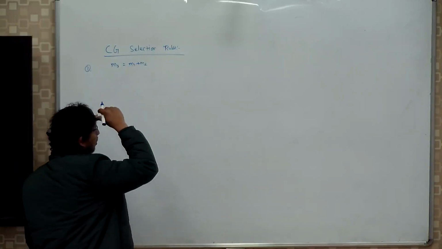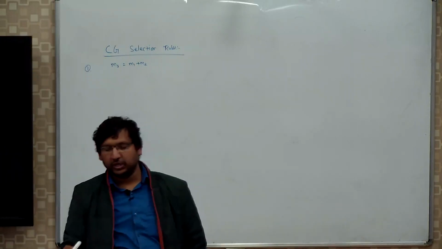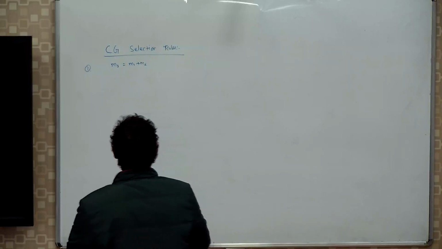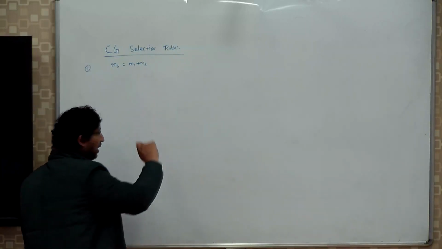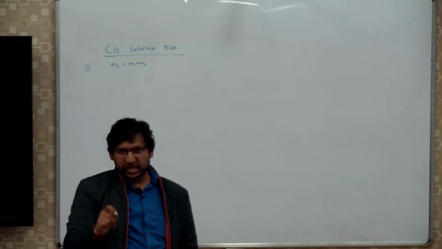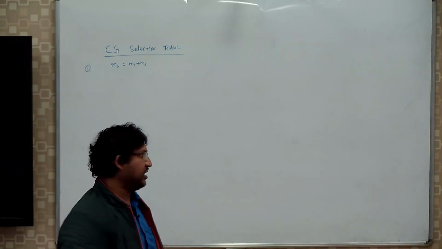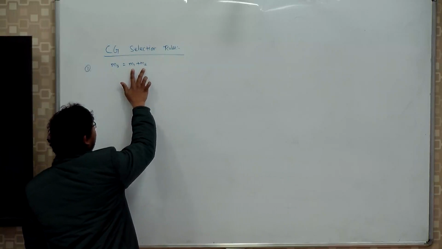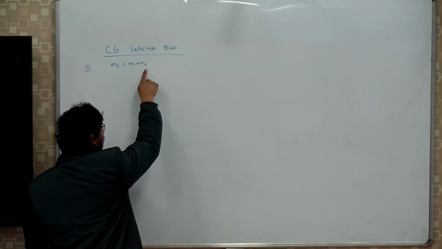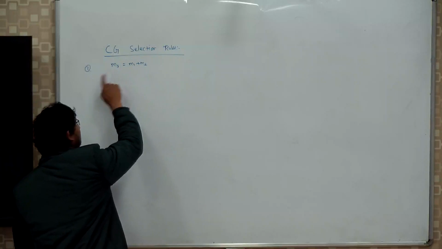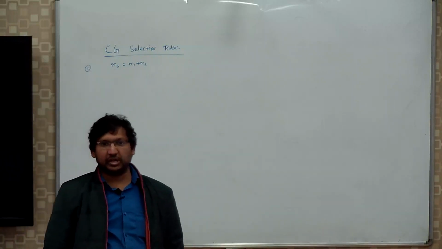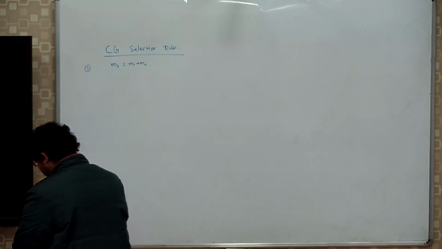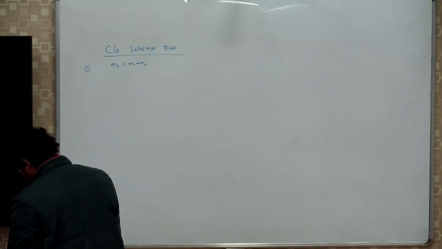M1 is the magnetic quantum number of the system belonging to Hilbert space H1, and M2 is the magnetic quantum number belonging to the H2 space, and the sum of these two magnetic quantum numbers from the H1 subspace and H2 subspace is nothing but the magnetic quantum number of the Hilbert space H3. Fine. Now how to prove this?